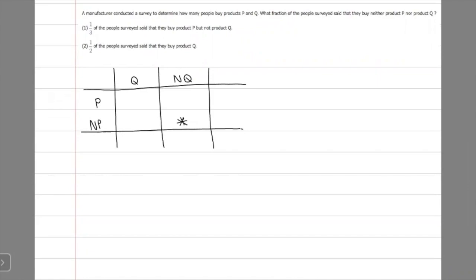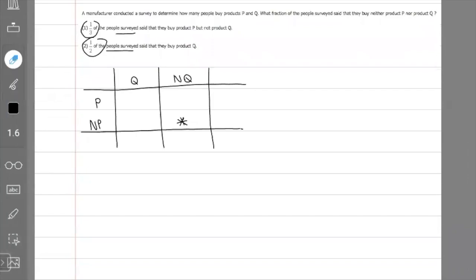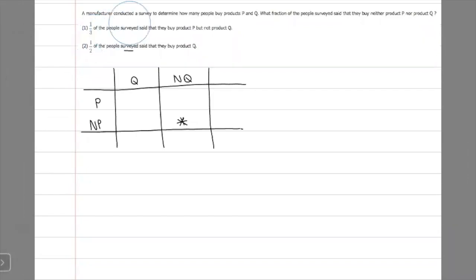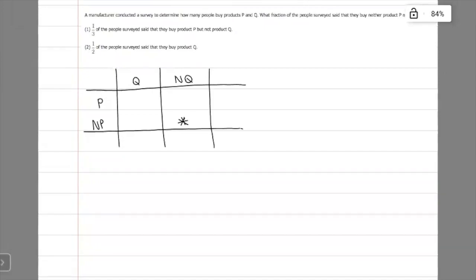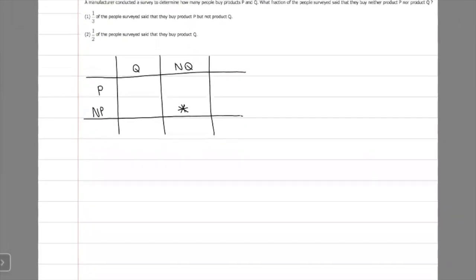Ideally here, because we see that we're talking about 1/3 of the total people and a half of the total people, you want to find a number that's divisible by both 3 and 2. So you could pick something like 300, for example, or even like 6 or something. Doesn't really matter. I was just thinking 300 because usually we use big numbers here, like 100, but it doesn't really matter in the end what you pick.